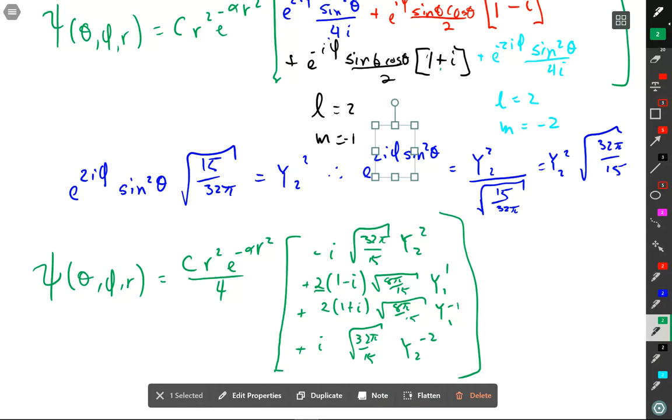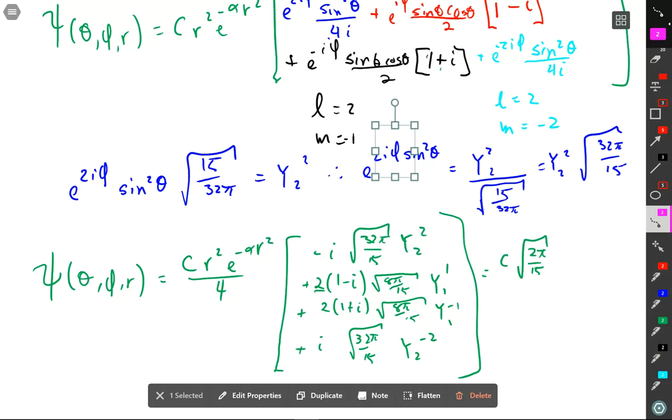So the neatest it can be is c square root of 2 pi over 15. Where's that 2 pi come from? That 2 pi comes from dividing out. I had this 4 out front. And of course, inside the square root, 4 becomes 16. And so 32 divided by 16 leaves me 2.